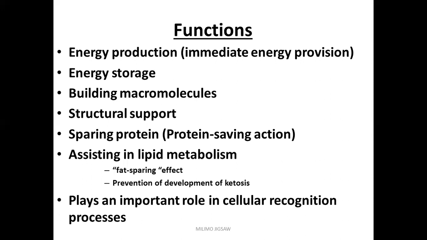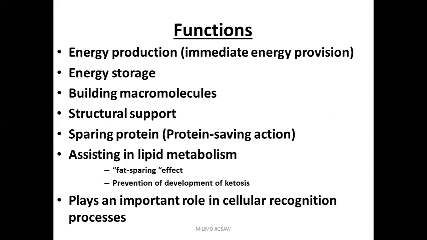So, for example, in the recognition between a sperm and an oocyte or an egg during fertilization, or in the return of lymphocytes in the lymph nodes, or for example, in leukocytes or white blood cell adhesion to blood vessels. So they play an important role in cellular recognition processes.